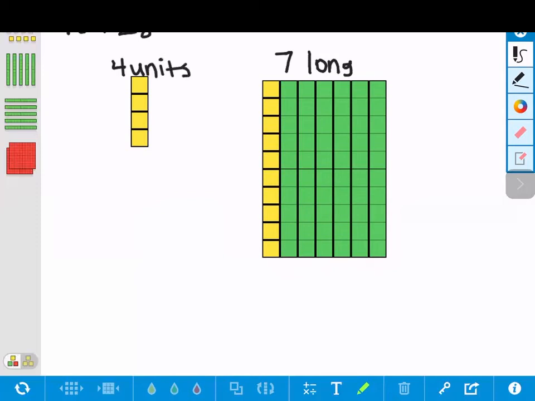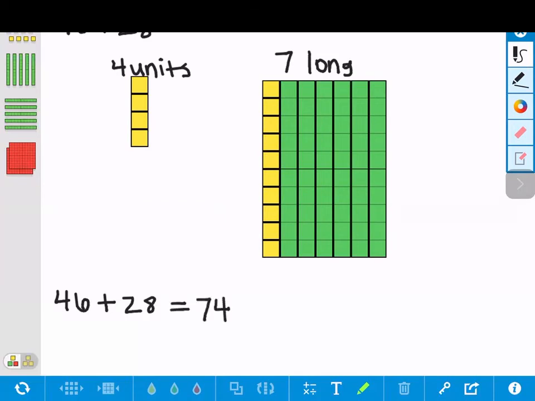So using these base blocks, 46 plus 28 equals 74 by regrouping in that way.